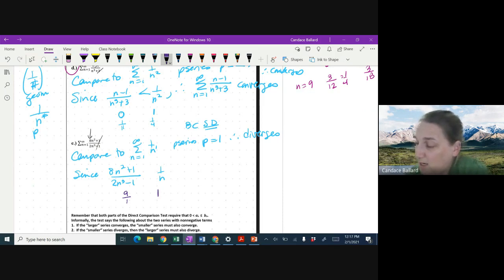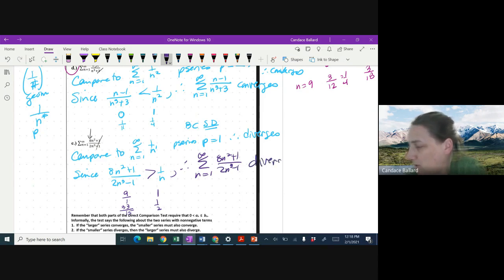So 4 times 8 is 32 plus 1 is 33 over 8 times 4 is 32, minus 1 would be 31, so it's about 1, and I put that in, I get 1/4. So I'm pretty confident that this is the smaller one. Therefore, my original series, n squared plus 1 over 2n cubed minus 1, also diverges.